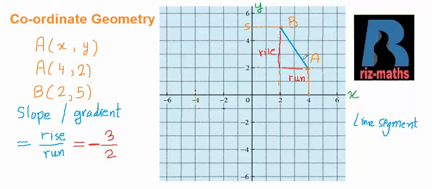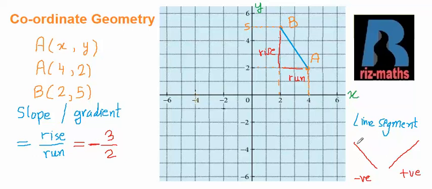Therefore we can say that any line which goes in this way will have a negative sign, and any line which goes in this way will have a positive sign with its slope or gradient. So if we are using the method that slope is equal to rise over run, we have to put the sign, negative or positive, by ourselves.